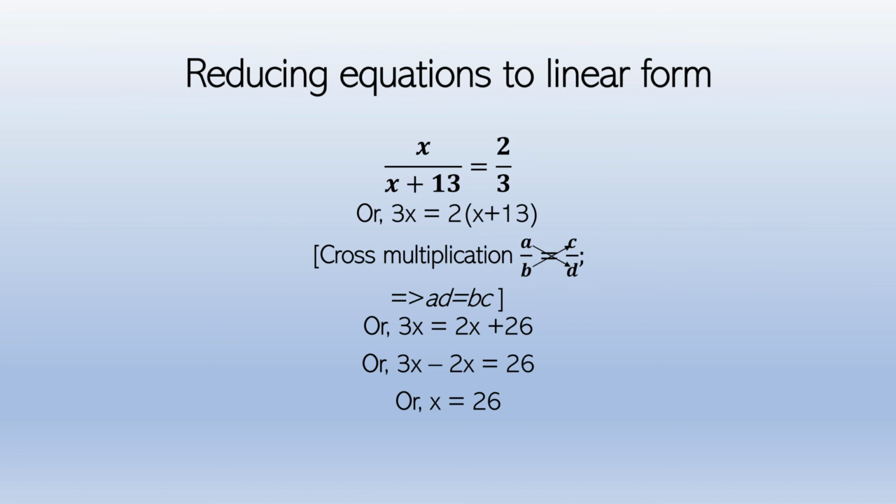Putting x equal to 26 on the left hand side, because the right hand side has no variable, it gives 26 by 26 plus 13 equal to 26 by 39. If we divide numerator and denominator both by 13, we get 2 by 3, which is equal to the right hand side. That means the solution is correct.